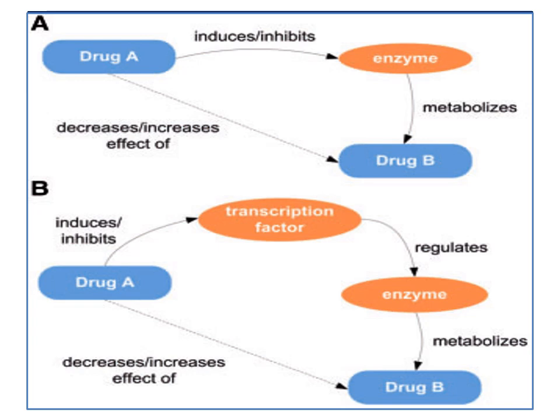In this image, drug A is an enzyme inducer of this particular enzyme, and as a result, the metabolism of drug B is going to increase. So induction of the enzyme leads to an increase in the metabolism of drug B. Whereas if drug A is inhibiting the enzyme that breaks down drug B, there's going to be an increase in the amount of drug B present, and reduced metabolism of drug B.